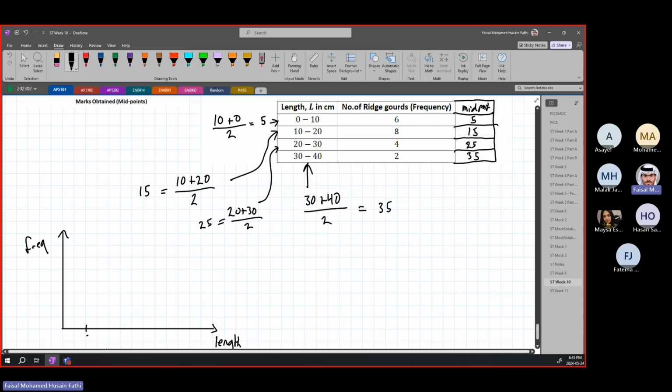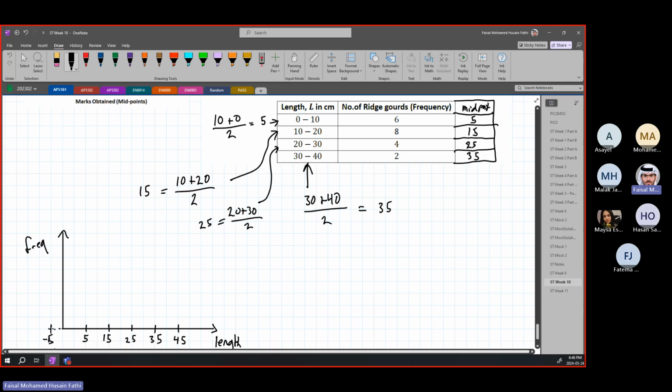Let's put 5, and then 10, 15, 25, and 35. And you're always going to take an extra point over here. So this we're going to take as 45, and an extra point before this, which in this case, unfortunately, it's in the minus region, which is going to be minus 5.